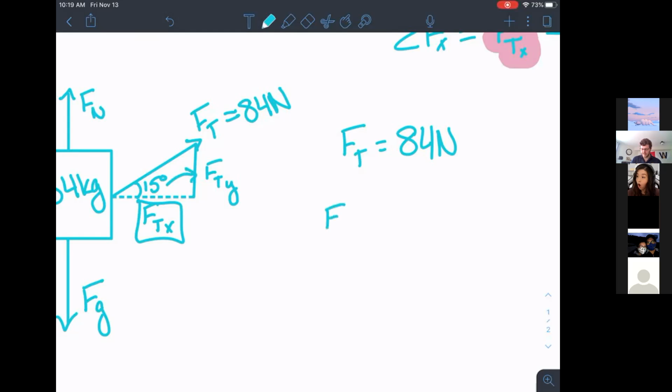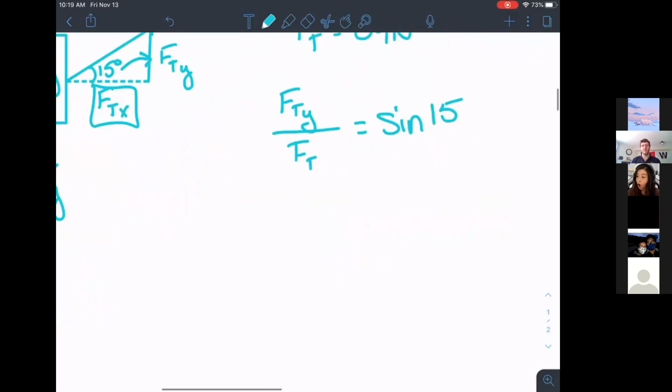So it's FTY over FT equals sine of 15. So how do I get FTY by itself? Multiply by 84. Perfect, you multiply by the FT, which is 84.